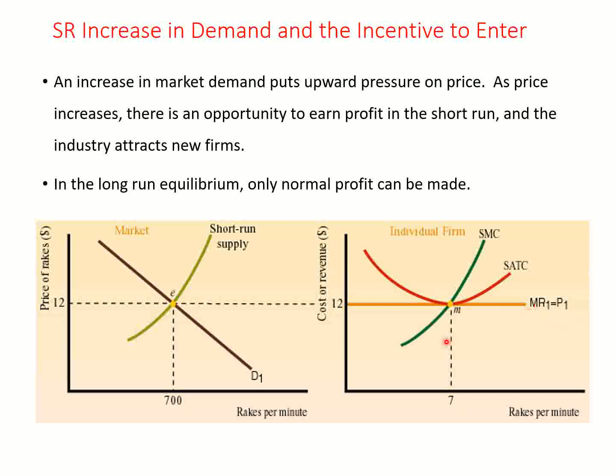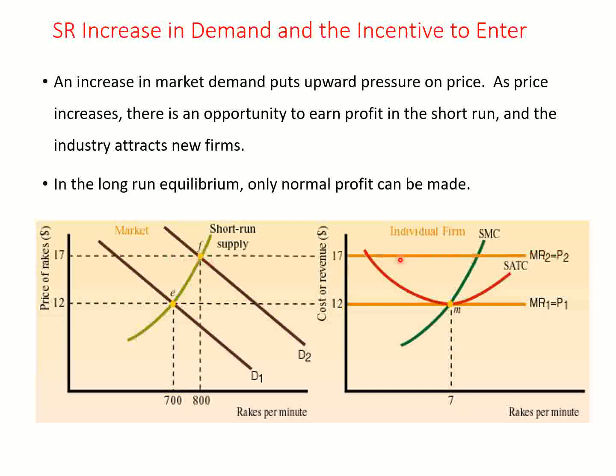When the demand shifts towards the right, the price here increases further, and another demand curve for the individual firm will be constructed. Look, this is the new price for the market, and this is the new demand curve for the individual firm.